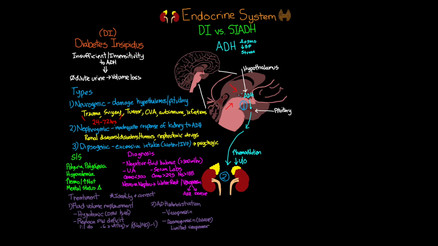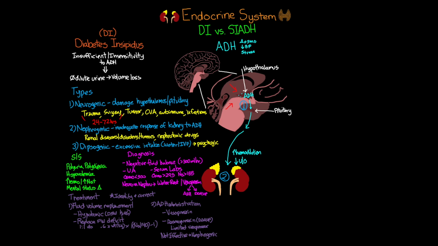But the really important thing to know with our ADH administration is this isn't really going to be very effective in nephrogenic DI. And again, that's because we have the ADH available, it's just our kidneys aren't able to respond to it. And so giving them more, while it can be a treatment that we do sometimes, it's really not going to be too effective.